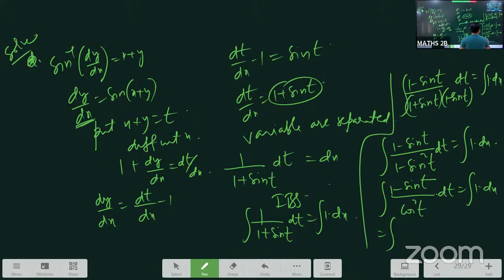Let us do it in the next integration. So what I got: integration of (1 minus sine t) by cos square t dt and integration of 1 dx.